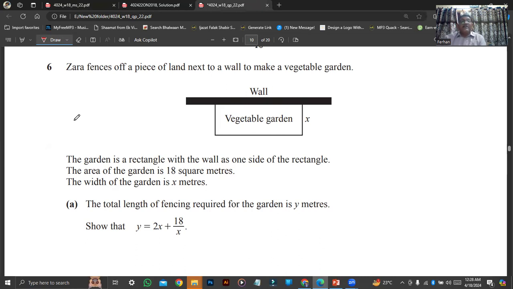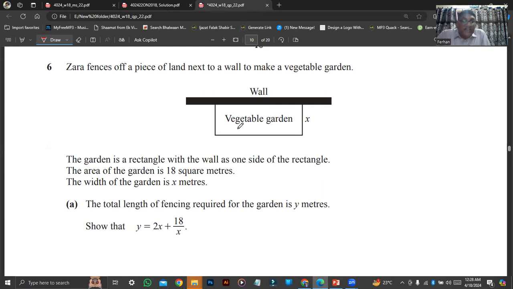The garden is a rectangle with the wall as one side of the rectangle. The area of the garden is 18 square meters. The width of the garden is x meters, and the total length of the fencing required for the garden is y meters. Show that the total length of the fencing is 2x plus 18 by x.